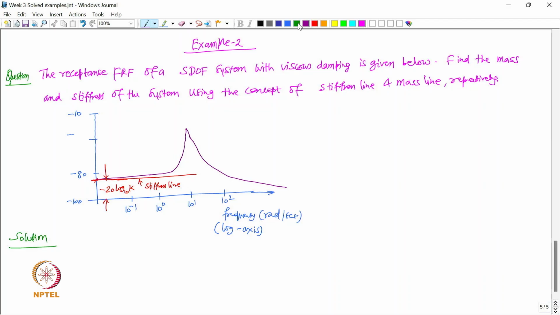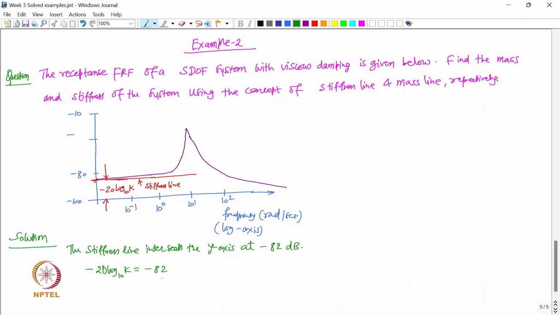Therefore, we say that the stiffness line intersects the y axis at minus 82 dB, which means that minus 20 log 10 k is equal to minus 82, isn't it. Now we can easily solve this for k.